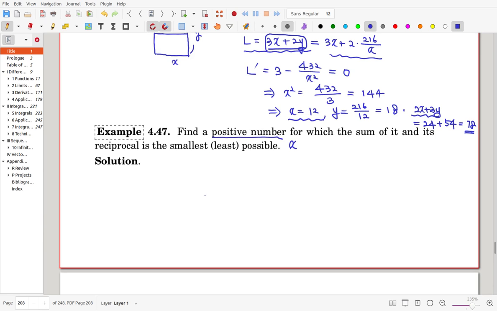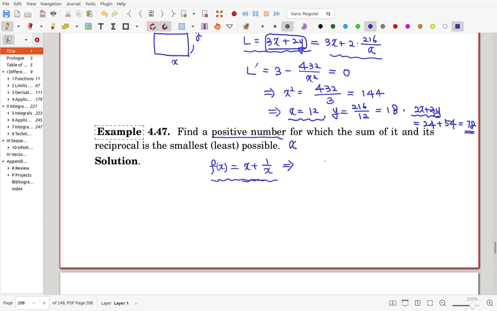Now, the sum of it and its reciprocal, x plus 1 over x, is as small as possible. So that is now f of x. We want to find x which makes the function as small as possible.